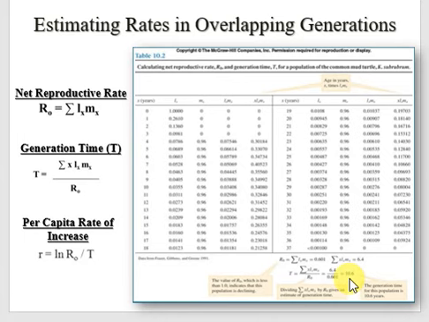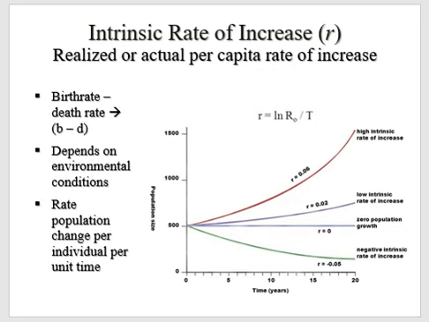Now, knowing your net reproductive rate and generation time allows us to calculate or estimate r, the per capita rate of increase, or your intrinsic rate of increase. Right?